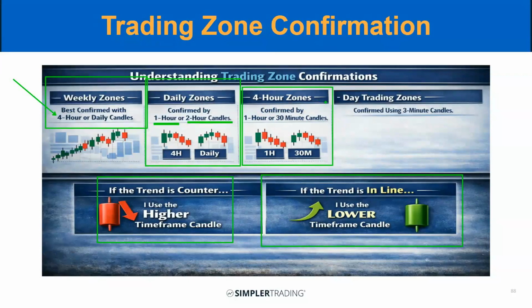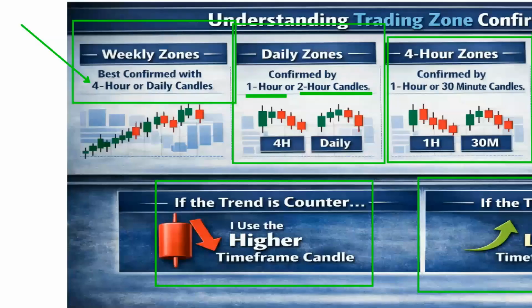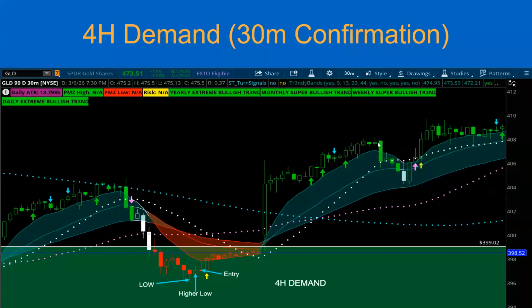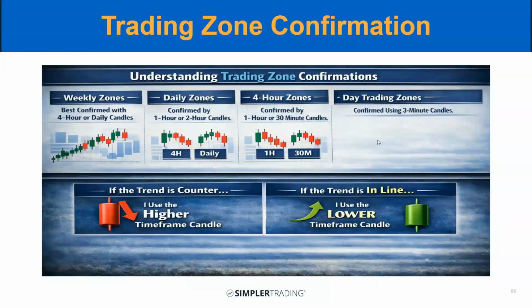If I'm looking for a bullish trade in a bearish trend, I'm using 1-hour candles. My day trading zones, it doesn't matter. I day trade off of 5-minute charts and I move my time frame down to a 3-minute chart and I wait for the confirmation process and I trade that day after day after day after day.